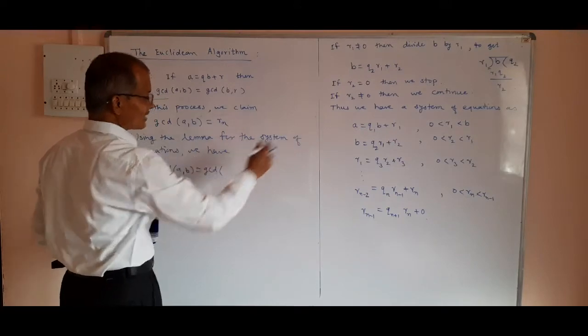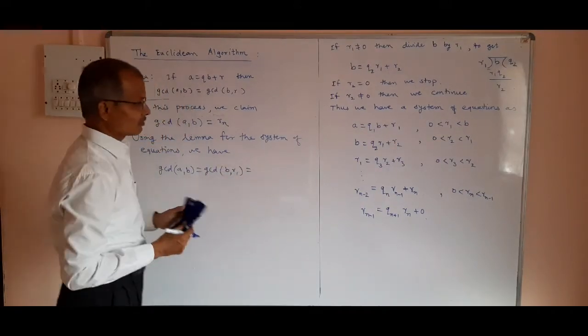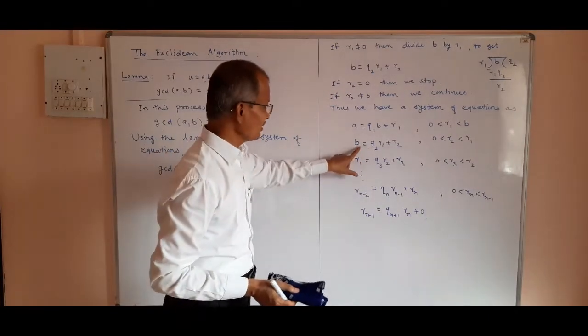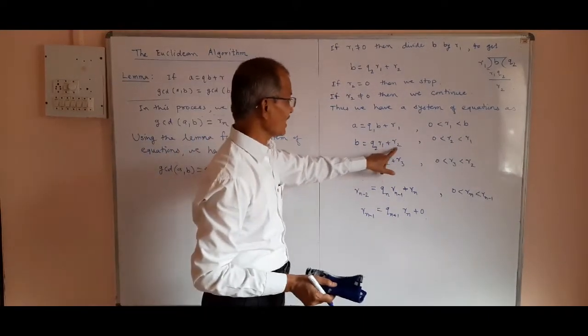Instead of R there is R1. So GCD of B, R1, and now consider the second equation: GCD of B, R1 is the same as GCD of R1 and R2.